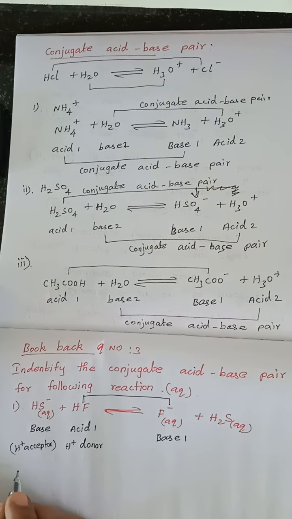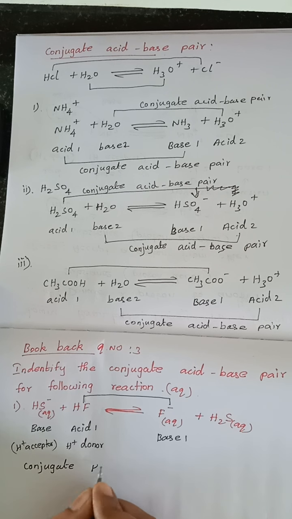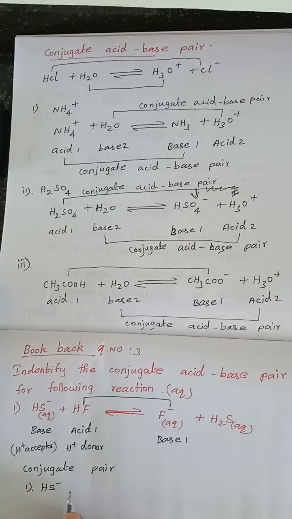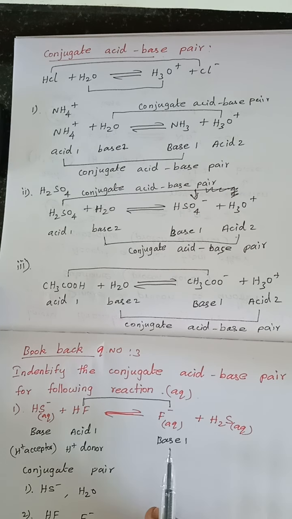So in the conjugate pairs, you write the first one, HS- and H2S, then the second, acid 1 to base 1, is HF and F-. Acid 1 to base 1 is one conjugate acid and base pair.